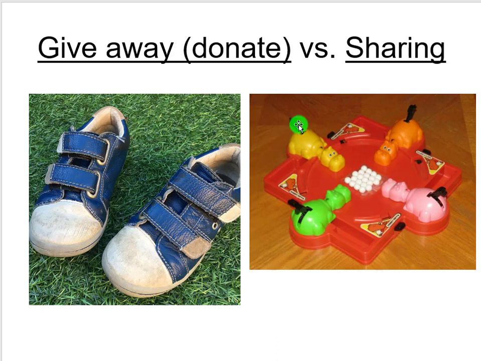On the other hand, we also had toys like this, and this was a childhood favorite of mine, Hungry Hungry Hippo. And I remember one time somebody gave us this as a gift to share. Because back in those days, I guess even now, oftentimes the siblings are given a gift. And so this was for us, me and my brother. And so when it came to this, it's not like he said, okay, the yellow and the green hippo are mine, and then the orange and the pink one are yours.